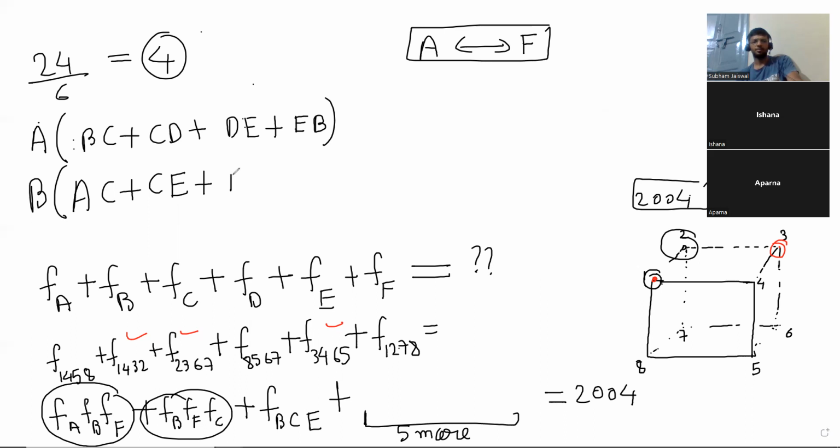Sir, if we arrange it in this way that 1458 is A, then 4365 is B, 3267 is C, and 2178 is D, and the other two, bottom and top, are E and F. Yes, we do get this thing, that is right. But how will you use this to solve the problem? That is the problem.